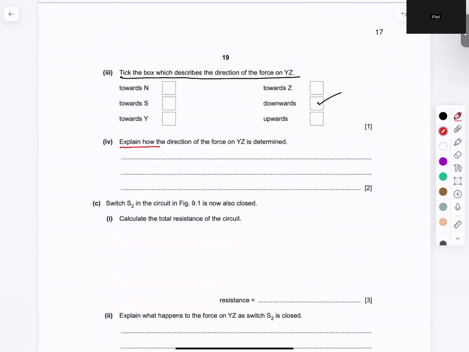Explain how the direction of the force on YZ is determined. To determine the force, we have used Fleming's left hand rule. And in Fleming's left hand rule, we care about the direction of magnetic field and the direction of current.